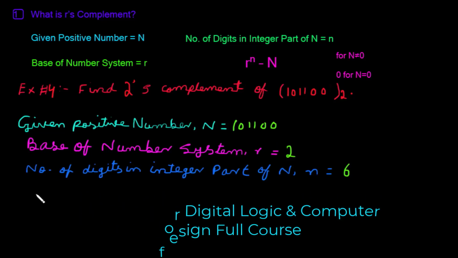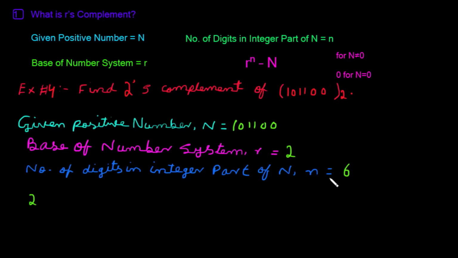So I will get 2 raised to power N, which is 6, minus this number 101100. So 2 raised to power 6 is equal to 64. But remember that we have this decimal number and this number is binary 101100, which is of base 2.